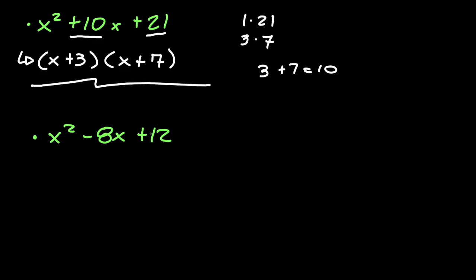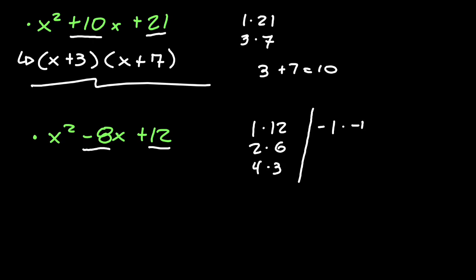X squared minus 8x plus 12. Find the factors of 12, which would be 1 times 12, 2 times 6, 4 times 3. And since this is negative 8, we will consider the negative side of this, which would be negative 1 times negative 12, negative 2 times negative 6, and negative 4 times negative 3.